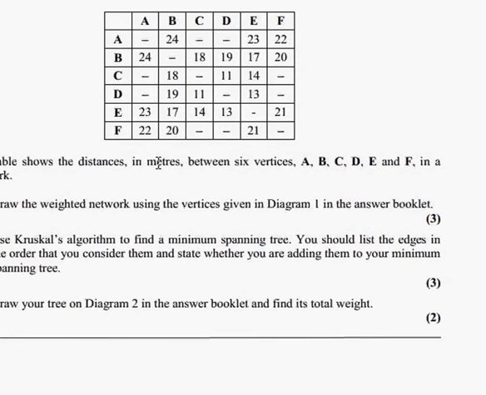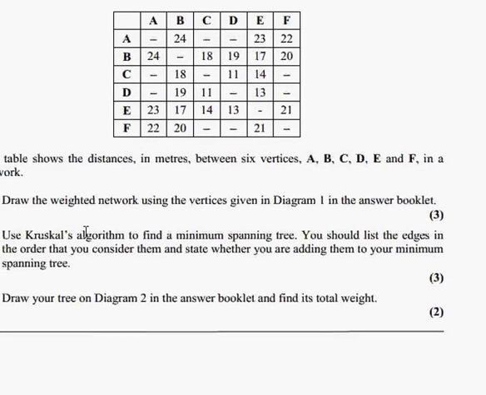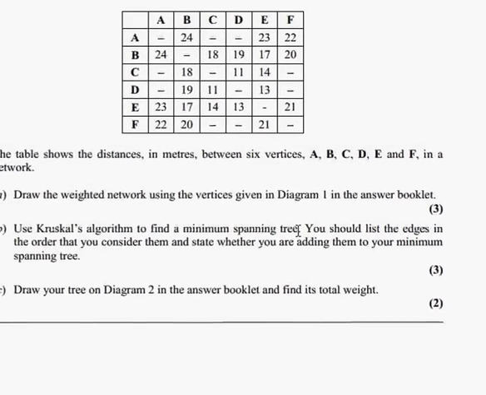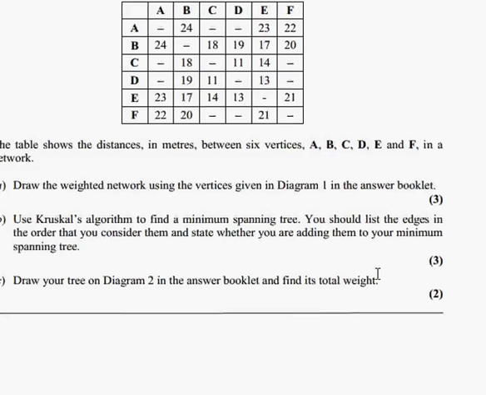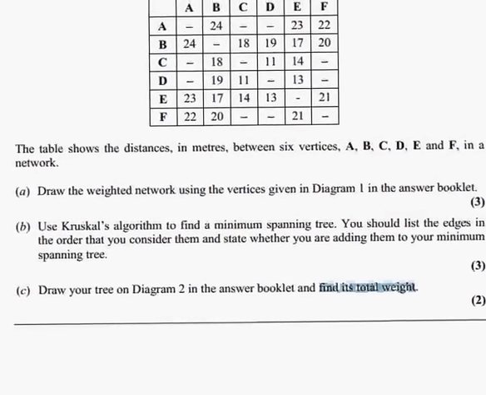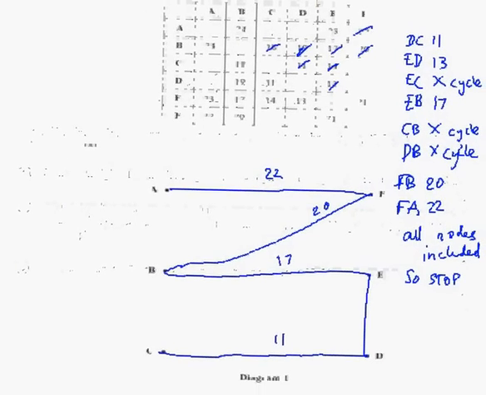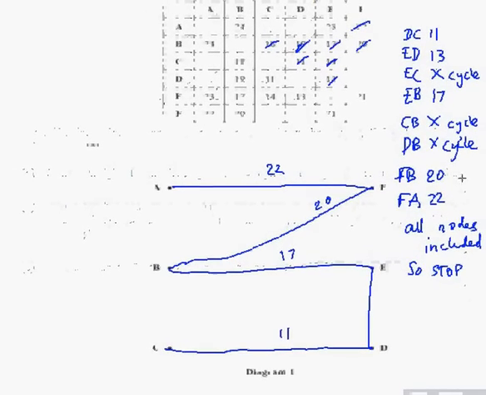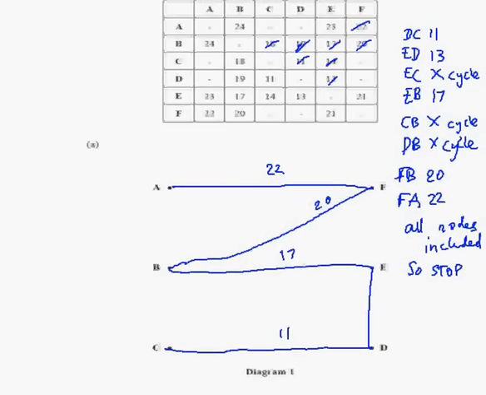So let's just look back at the question. We've used Kruskal's algorithm, we've found a minimum spanning tree, we've listed the edges, we've drawn the tree, and finally we need to find the total weight. So let's just flick back here. We're going to add up the numbers that we've included: 11 plus 13 plus 17 plus 20 plus 22.